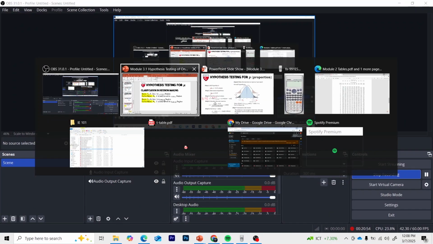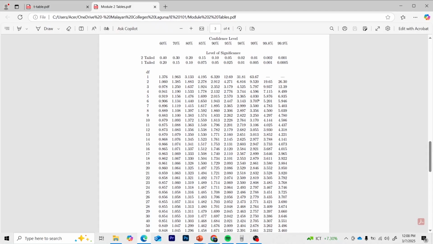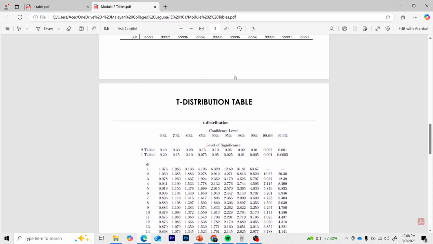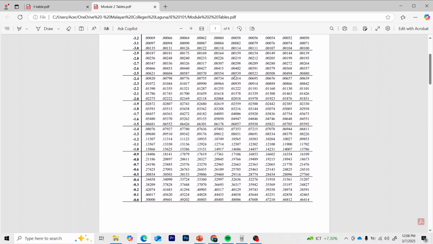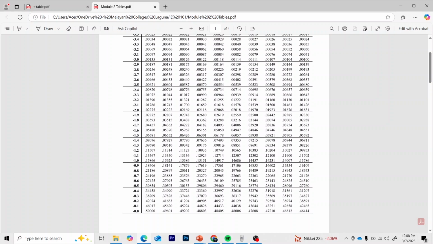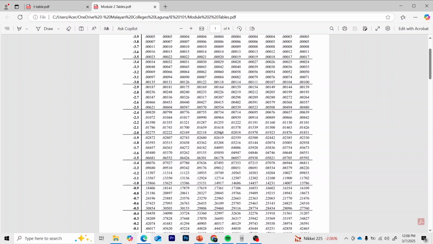Wait a minute, where's my table? Okay, so let's look at the negative Z table. We need to find the value that is closest to 0.025. So 0.025, we have negative 2.